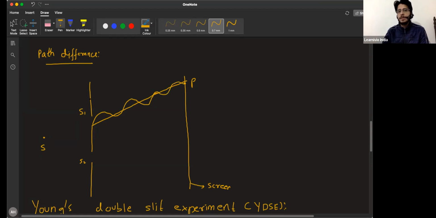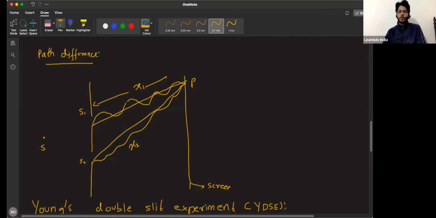The path that the first wave covers is x1, and the path that the second wave covers is x2. Just look at the diagram. Which wave covers the greater path, the wave from S1 or the wave from S2?